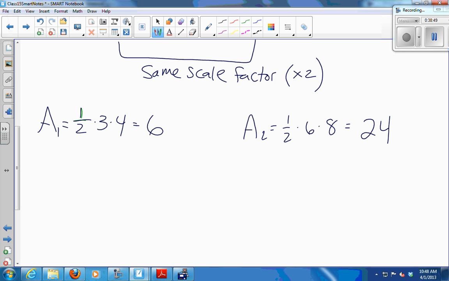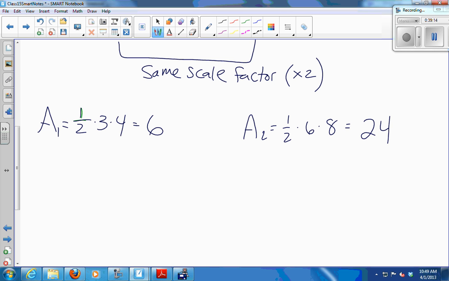So how are the areas of the two triangles related? What's their relationship? Is it double? It's quadrupled. No, but that's a good conjecture. It's not double the scale factor you used before. It's your scale factor squared.